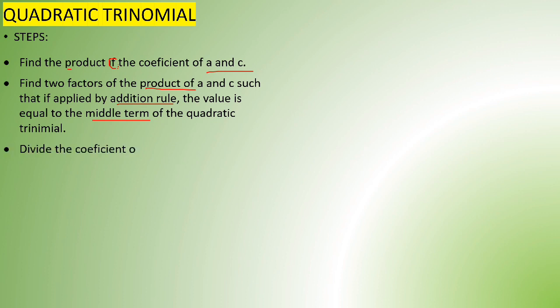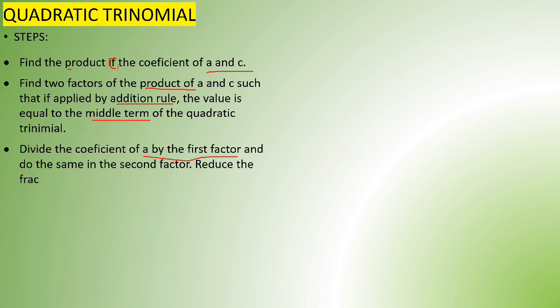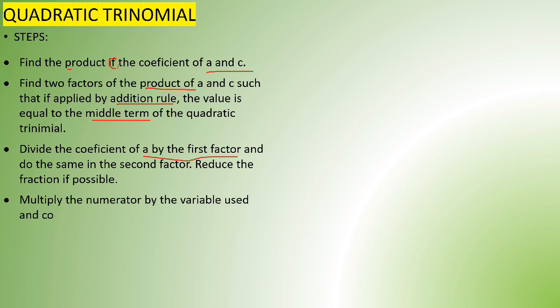Next ay, i-divide the coefficient of a by the first factor and do the same in the second factor. And then reduce the fraction if possible, or pwede siyang i-lowest term. Next step, multiply the numerator by the variable used. Kung x ang ginamit, i-multiply natin siya by x.